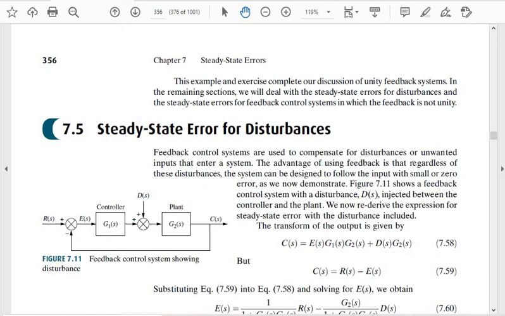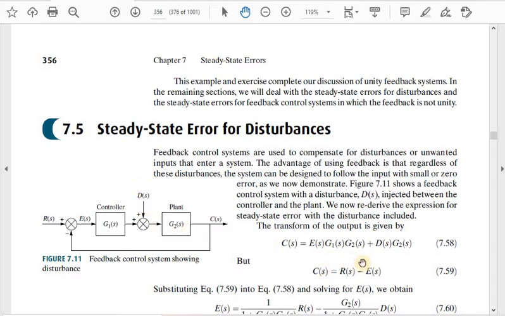So if I write the output equation C of s in the frequency domain, it depends upon G1, G2 times the error input plus it also depends upon this input, that is D of s times G2.